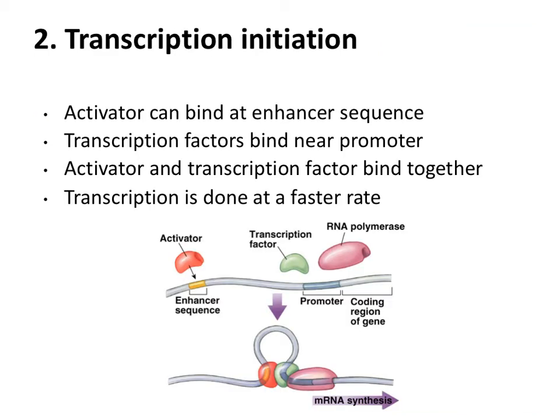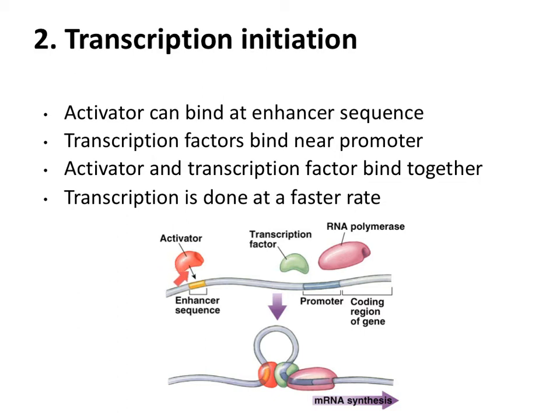Let's take a closer look at the control of transcription, because you might see this diagram on the AP test. How this happens is you've got another sequence here called the enhancer sequence. So the enhancer sequence is going to allow a protein called an activator to bind to it.